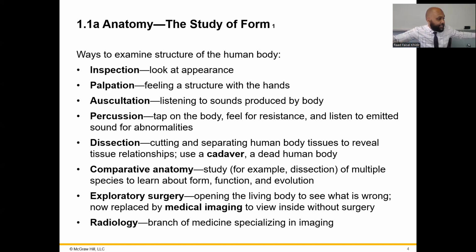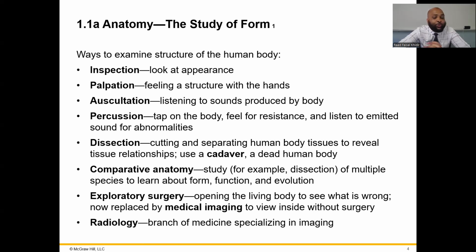Or maybe there's a dangerous increase in the size of the liver, known as hepatomegaly. So that could be detected by percussion. This was back in the day, but now they rarely do that, except in a very brief physical examination.